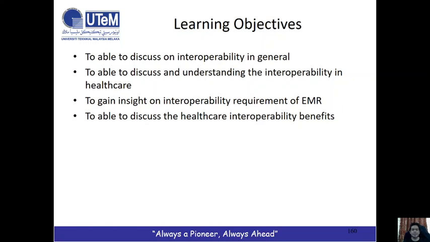And then lastly, we expect that you are able to discuss the healthcare interoperability benefit. So you can describe what is the benefit, what is the good thing that you implement the interoperability capability of your application.